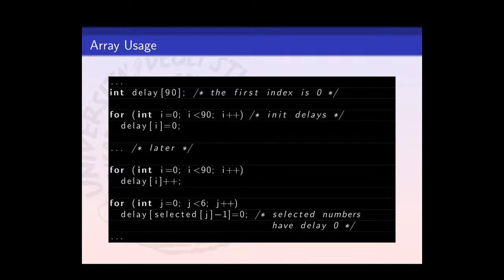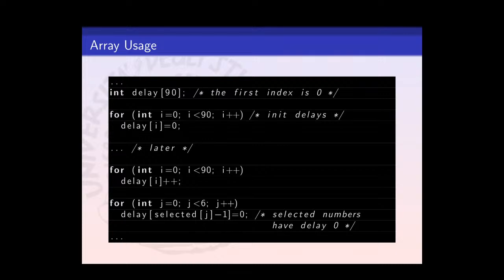Okay, but I mean, it's just a slide. It's not very relevant. So at the beginning of our computation, we set all the delays to 0. So let's assume we want to start from the very first extraction in the Super Enalotto game, and to do it, the delay at the very beginning will be 0, of course. Then at each extraction we may execute something like this.